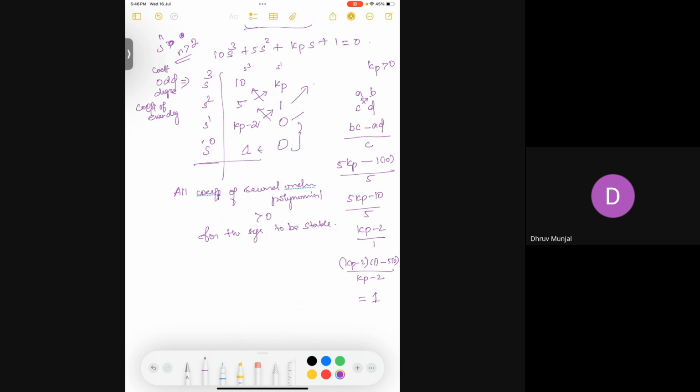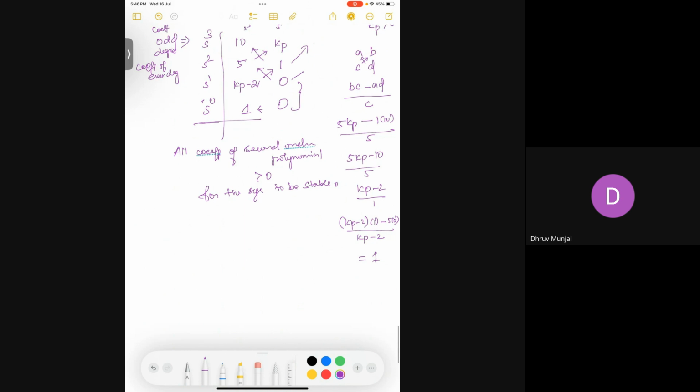So according to that, or similarly, based on Routh-Hurwitz condition, this is the name of the method we have done now, Routh-Hurwitz method. So according to its condition, number of unstable poles will be equal to number of times the sign changes in the first column, right?